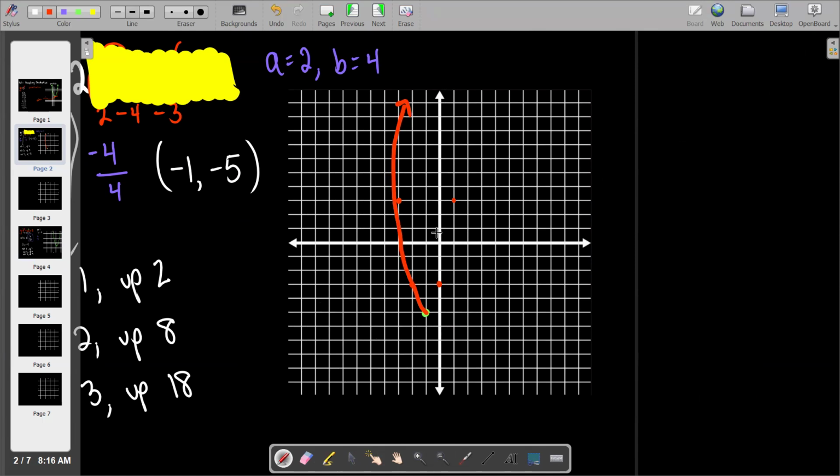These graphs are always working their way outwards, despite the fact that they sometimes look like they're going straight up and down. They never are, but our graphs almost look like it sometimes. But the one criminal offense that I won't let you do is to have it curl back inwards. And I do see that more than I care to admit. So when you graph it, try to just continue it upwards like this.